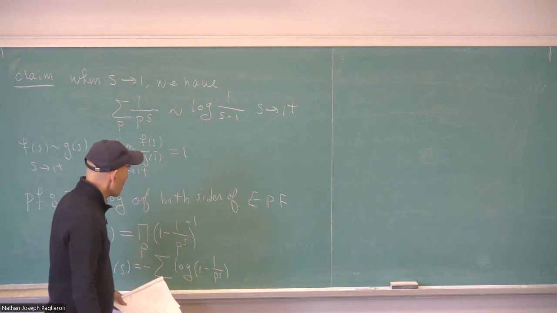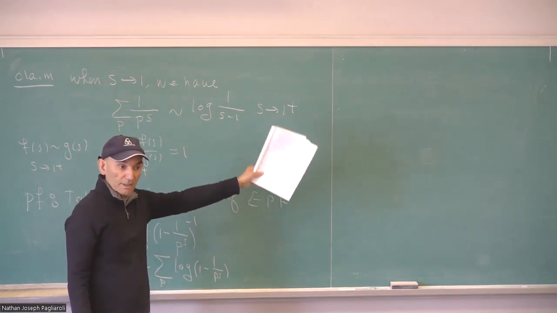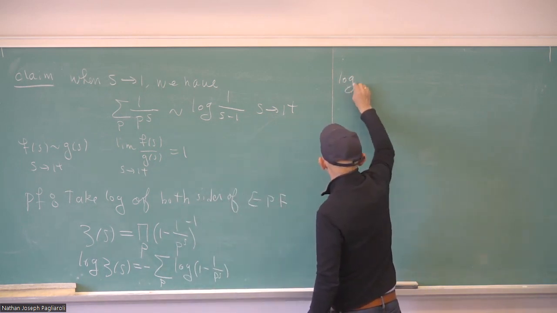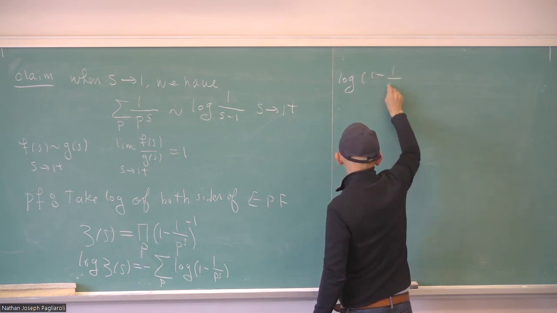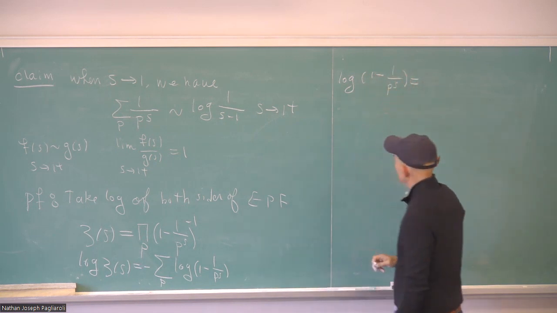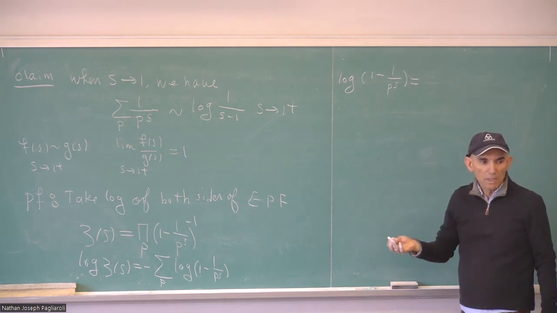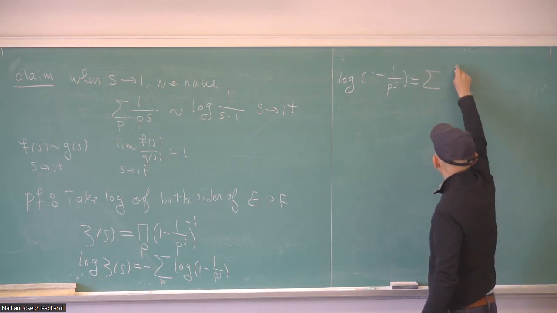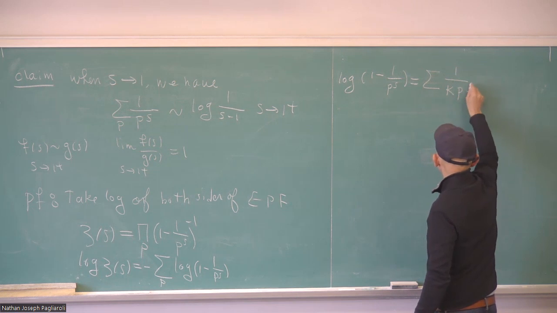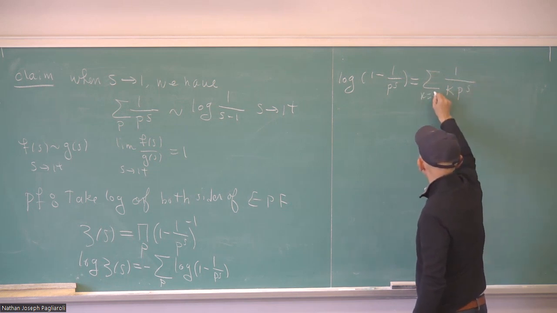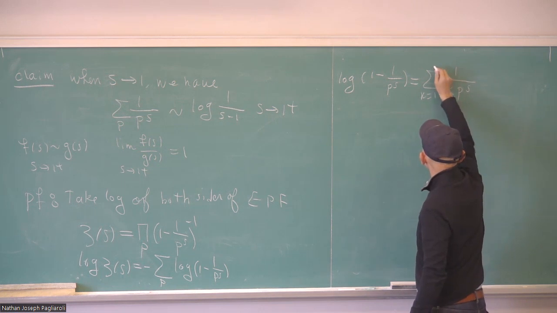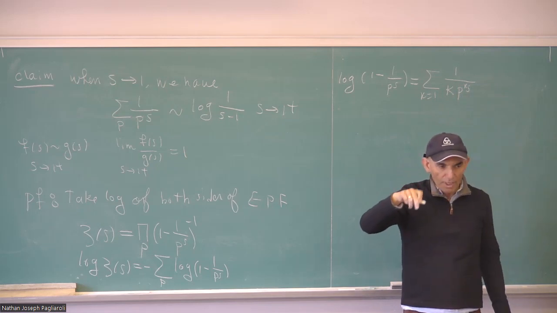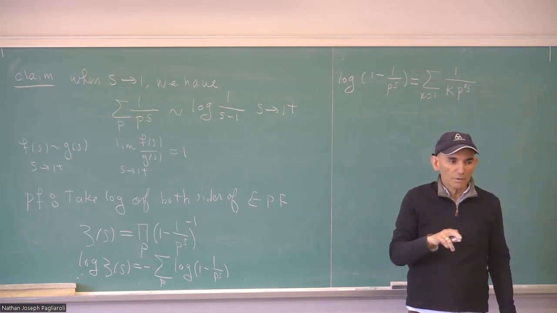Now, on the right hand side, I can use that formula for log of 1 minus x that I wrote. So I've got log of 1 minus 1 over p to the s. What is that? That's the sum of 1 over k p to the ks, right?